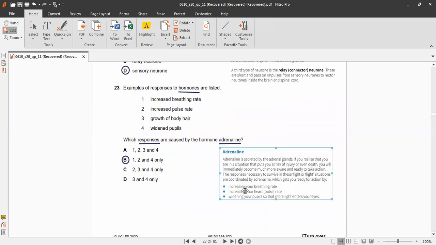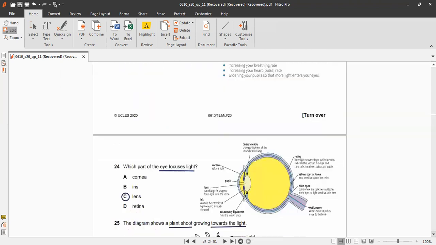Adrenaline increases your breathing rate, so the correct answer includes 1. Increasing your heart pulse rate, and 2, widening your pupils so more light enters your eyes, and 4. So the correct answer is B, 1, 2, and 4 only.